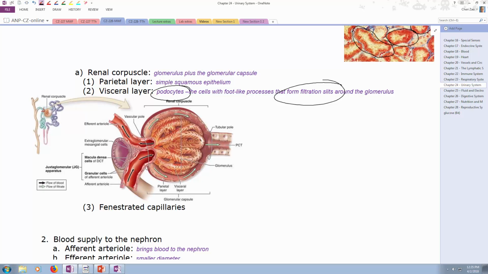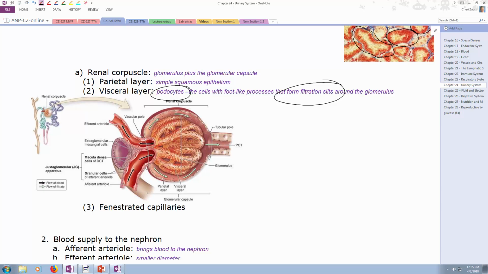And so that's what the podocytes do. The podocytes are there to reinforce the integrity of these very delicate capillaries that are under high hydrostatic pressure. And so the podocytes are a very important structural protective measure for our glomeruli.